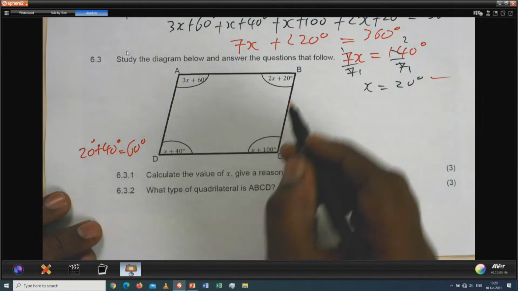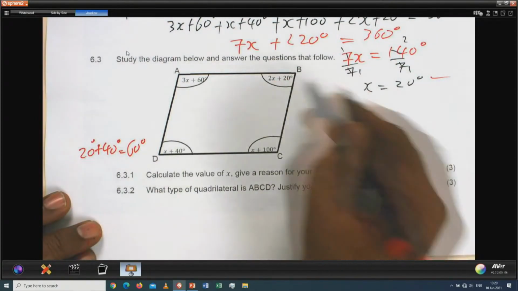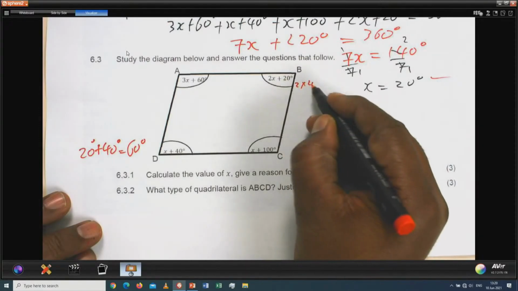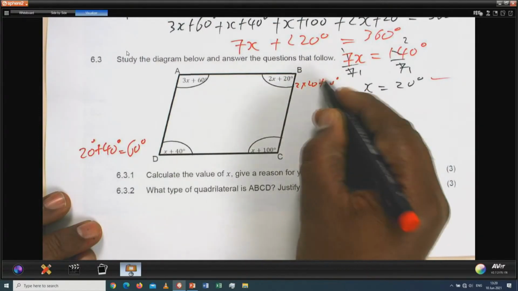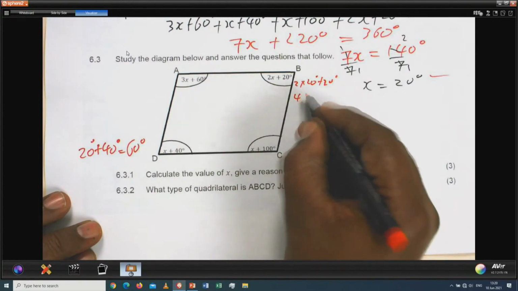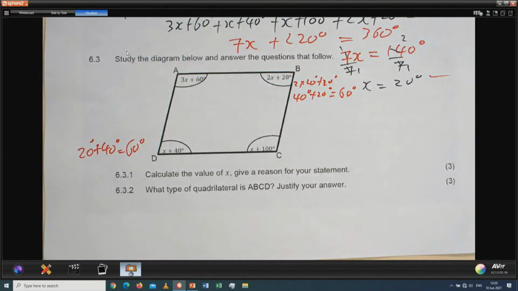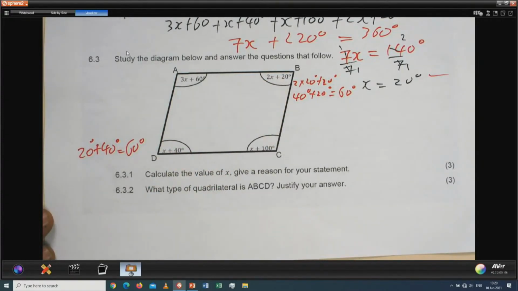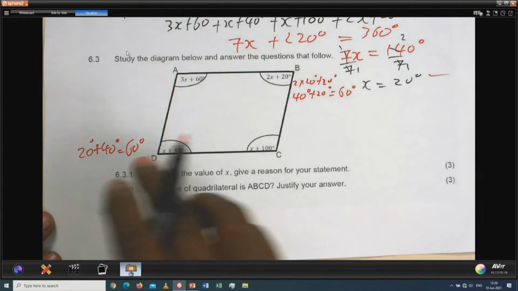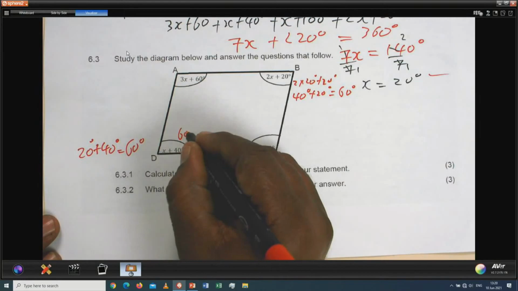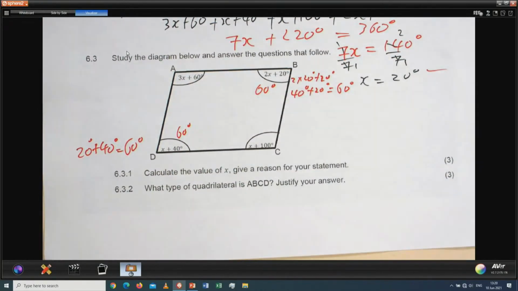And then this one, 2 multiplied by 20 plus 20, because our x is 20, is 40 degrees plus 20 degrees, which equals 60 degrees. Now we are happy that opposite angles are equal, and it's a four-sided figure. And it's definitely not a rectangle, because this is 60 degrees.